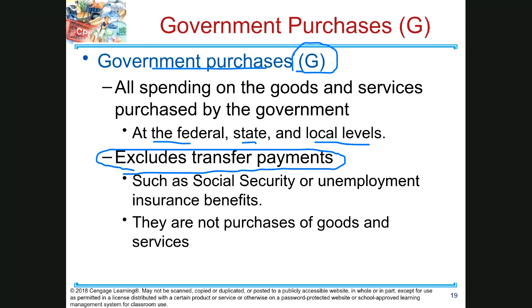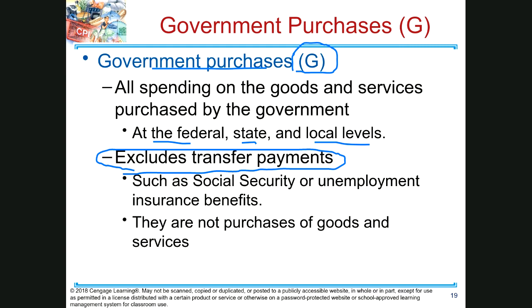Let's say government spends $5 billion on retirement, unemployment, or food stamps for people. You give money to people to go spend. We exclude that from government expenditure because if we include it, it's going to be double counted.